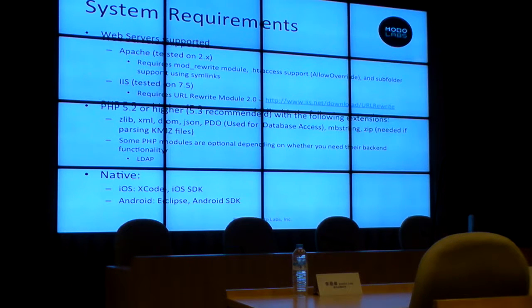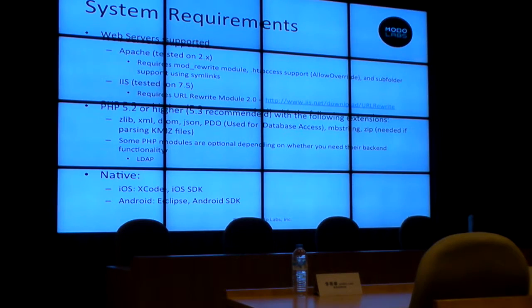So now getting into a little bit more technical stuff. Basically, these are the system requirements. Now this is all available in the documentation, so I'm not going to go into too much depth. But you can run Kurogo on site, on premise, or in a cloud.